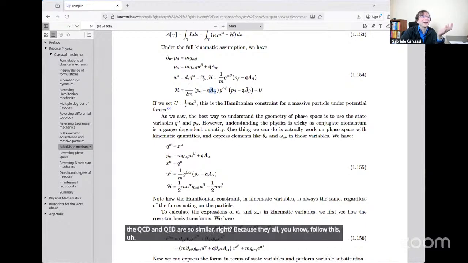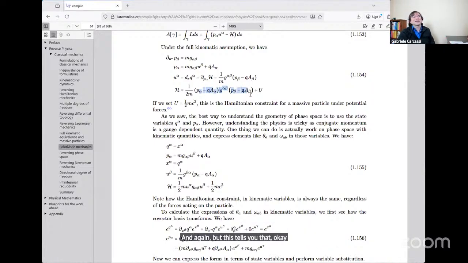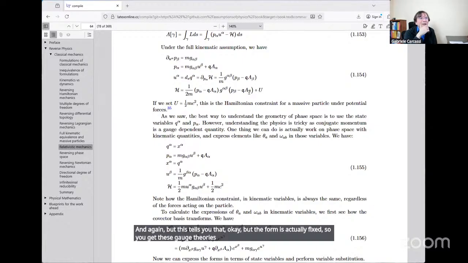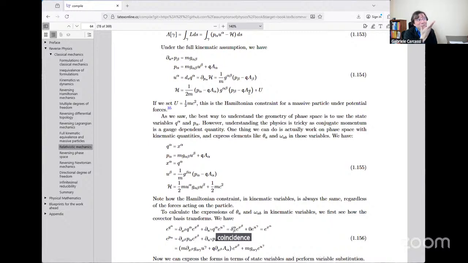It's just that you don't have just a single A for QCD. You have the different B's that do not commute and all that. But this tells you that the form is actually fixed. So you get these gauge theories not because of some coincidence, but because the form is actually highly constrained.